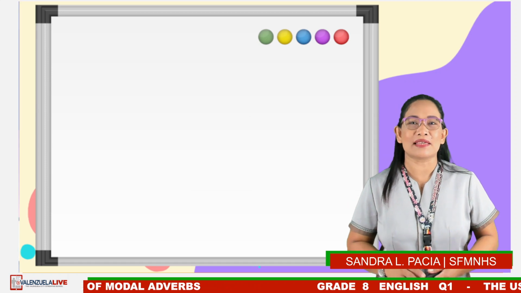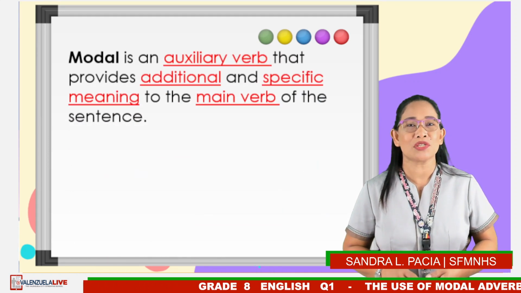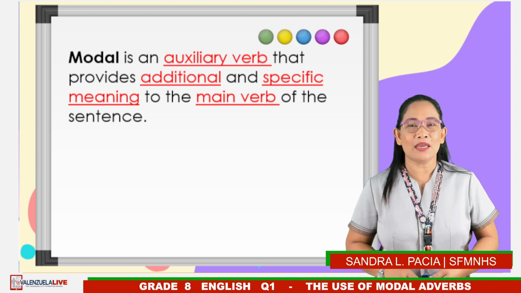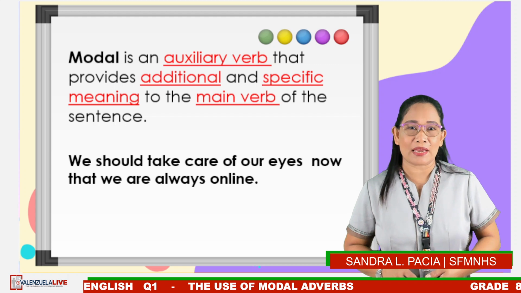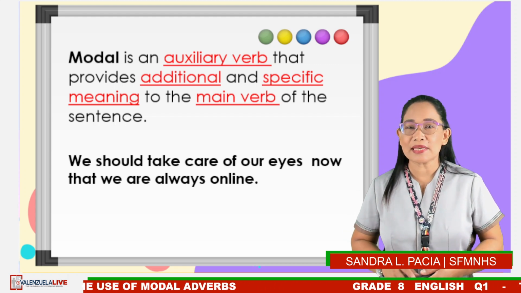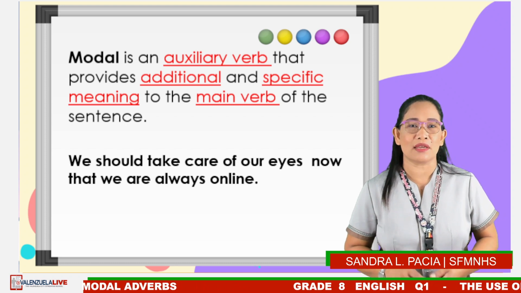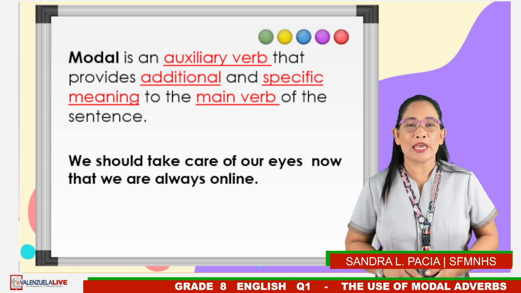Modal is an auxiliary verb that provides additional and specific meaning to the main verb of the sentence. Look at this sentence. We should take care of our eyes now that we are always online. In this sentence, should is the auxiliary verb that gives additional meaning to the sentence.